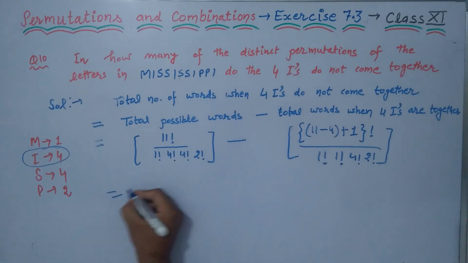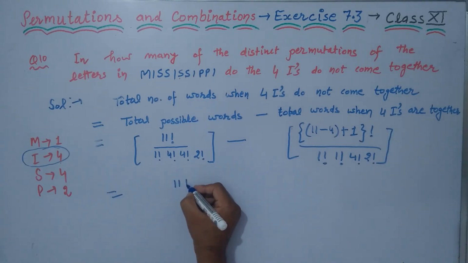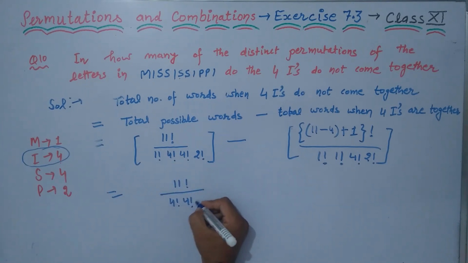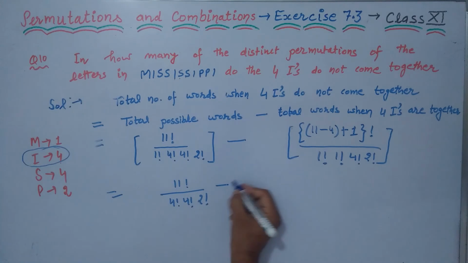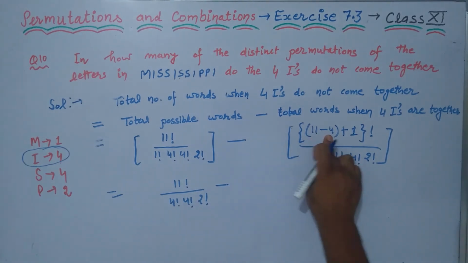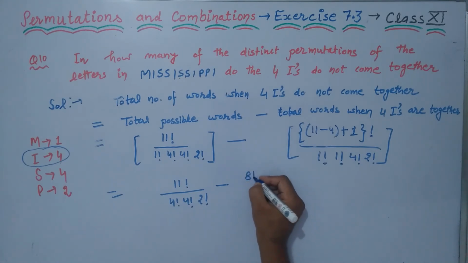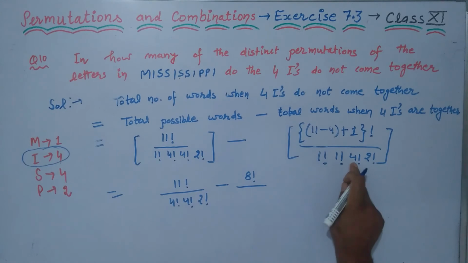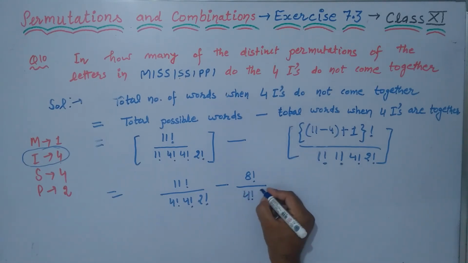So that means 11 factorial upon 4 factorial into 4 factorial into 2 factorial minus 11 minus 4, 7, plus 1, 8 factorial, divided by 1 factorial, 1, 4 factorial into 2 factorial.